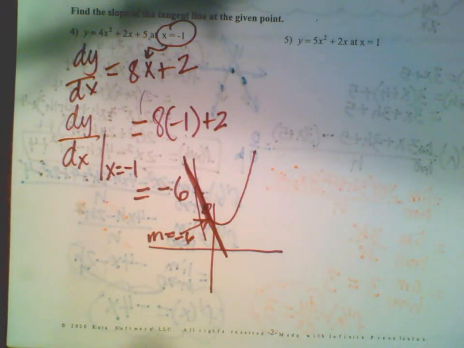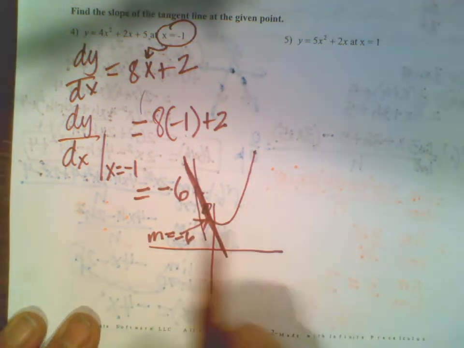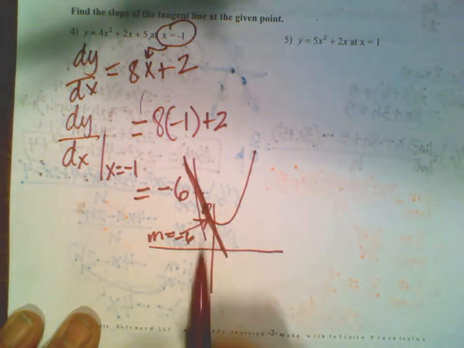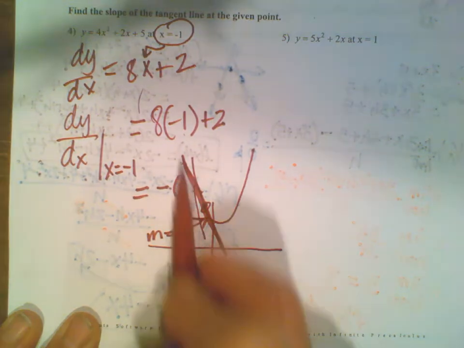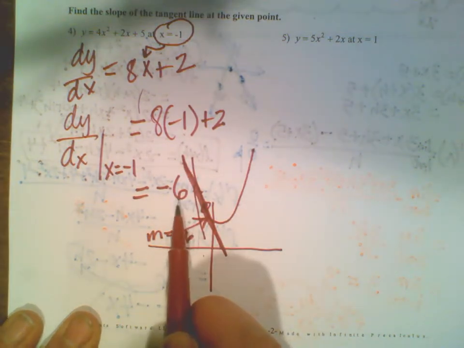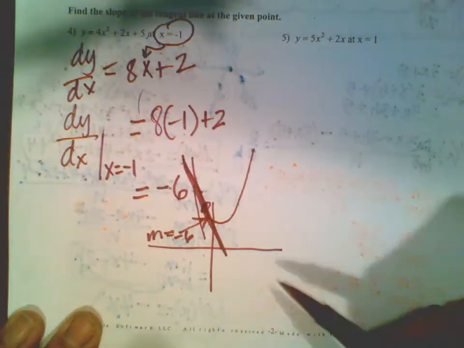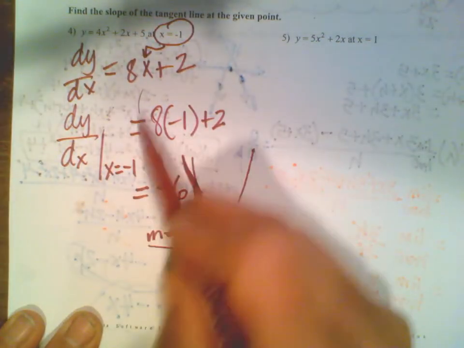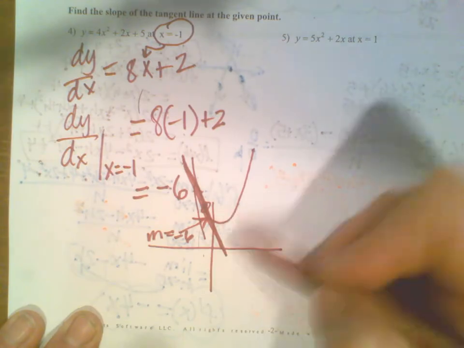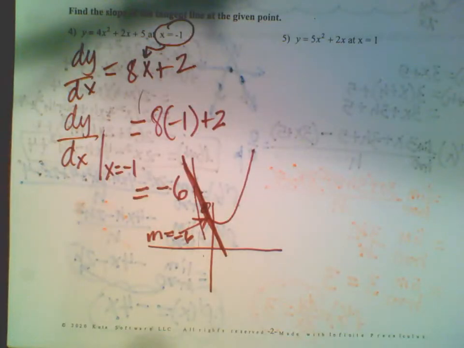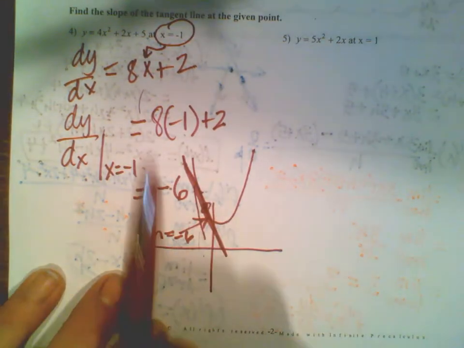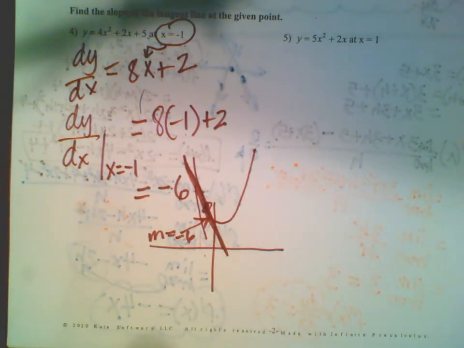That's what I'm looking for. If I was interested in the slope at +1, that would be over here, and it would be a different value. It would be 8 plus 2, which is 10. And again, my picture isn't the greatest to show that, but hopefully you get the idea of what's going on.